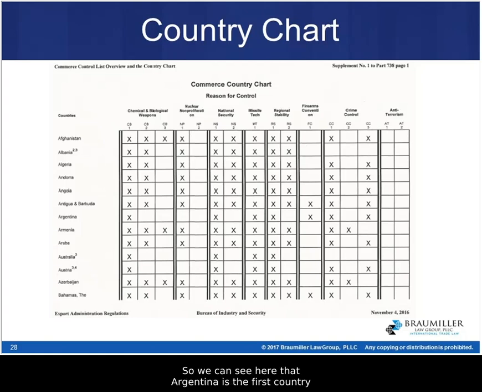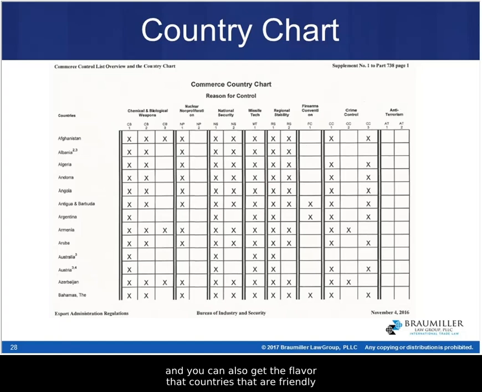So we can see here that Argentina is the first country where you would not require a license, followed by Australia and then Austria. On this page, again, this is alphabetical, so there's many, many more pages of other countries, but on this page, only these 3 countries would not need a license.